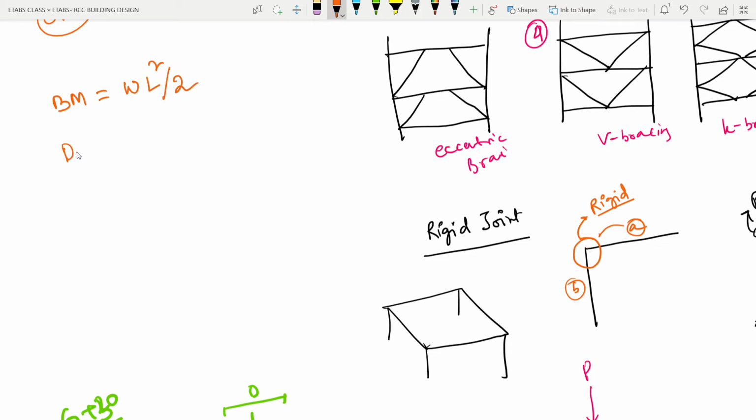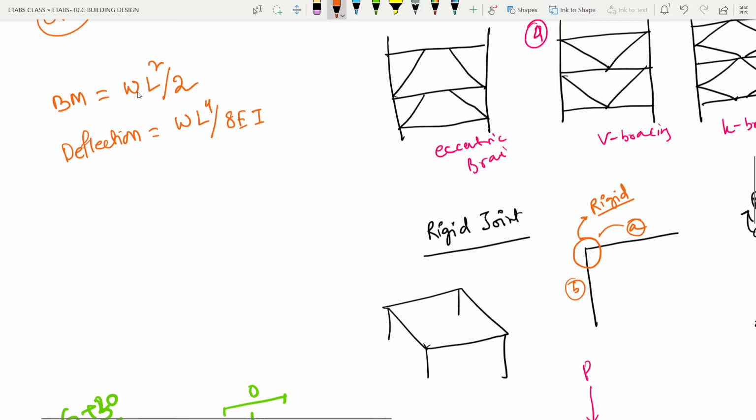and the deflection formula, if I write, is W L power 4 by 8 EI. So if I give you the comparison of the power of L, obviously it is a vertical cantilever, so I'm talking about the height, it is actually WH square by 2.